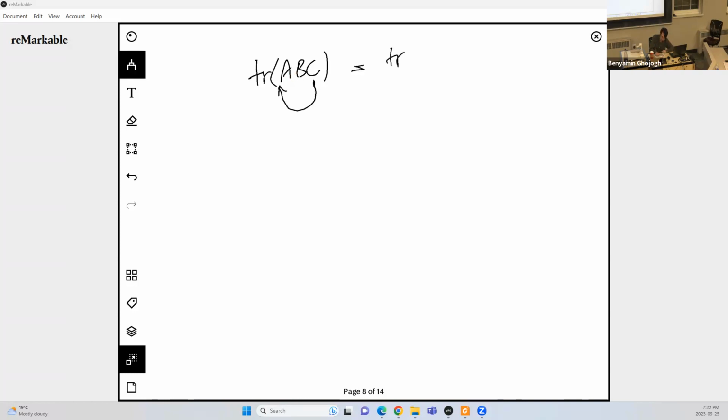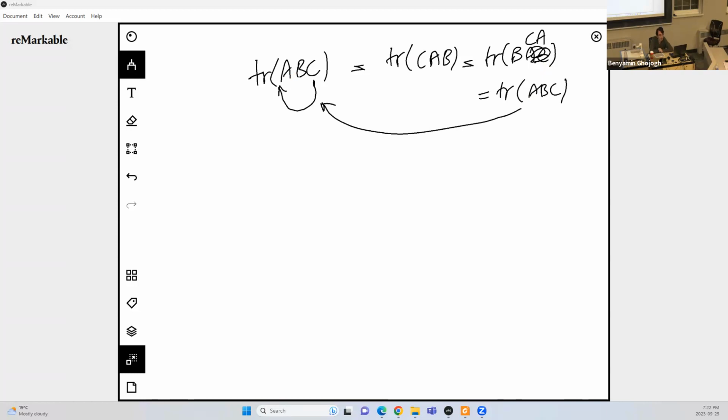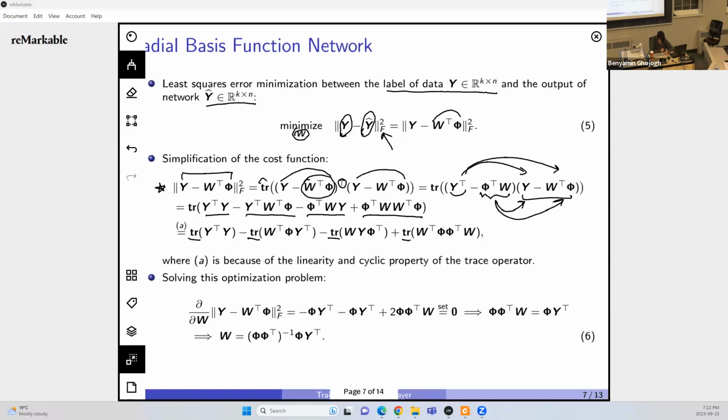For example, it is equal to trace of CAB, equal to trace of BCA, and then again trace of ABC, back to where we were. So this is the cyclic property of trace.